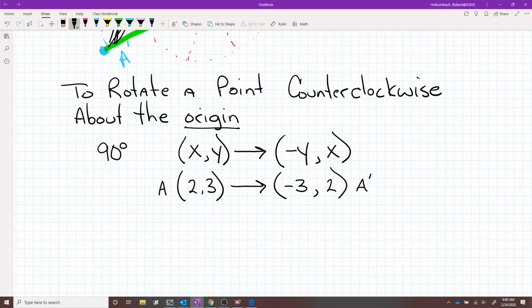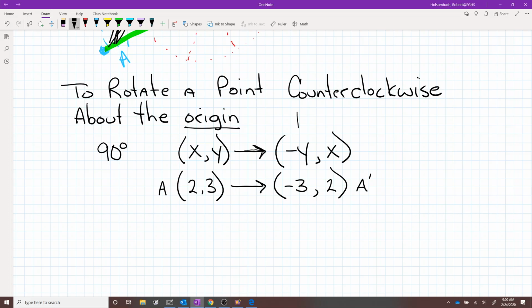And you would do that with each vertex. Because that's the rule. You see how in this first set of parentheses, this means for every x, y. This arrow means after the rotation.